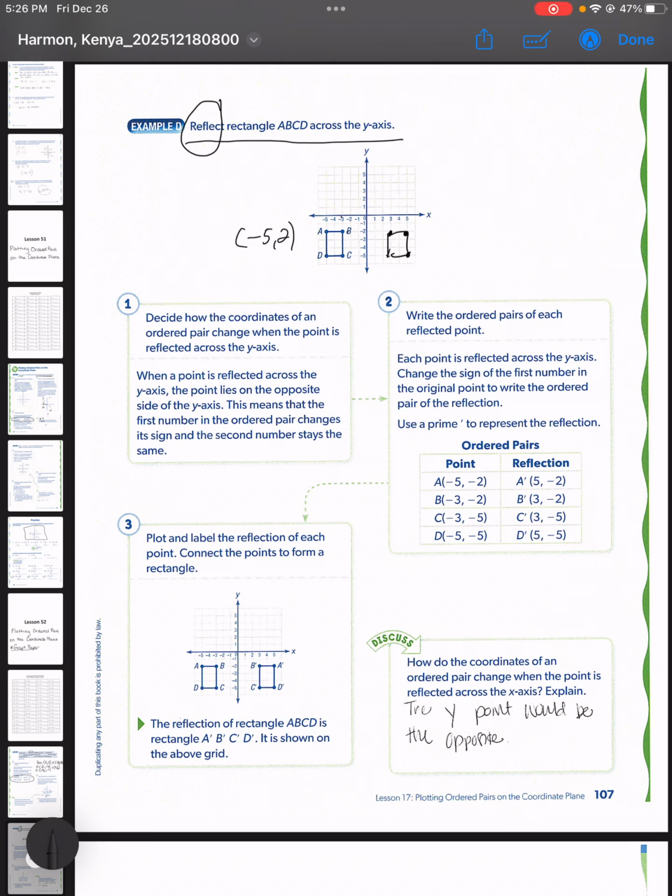Now it's going to be easy for them to write the ordered pairs for A prime, B prime, C prime, and D prime. And then you can have a discussion about how the coordinates change when they're reflected across the x-axis.